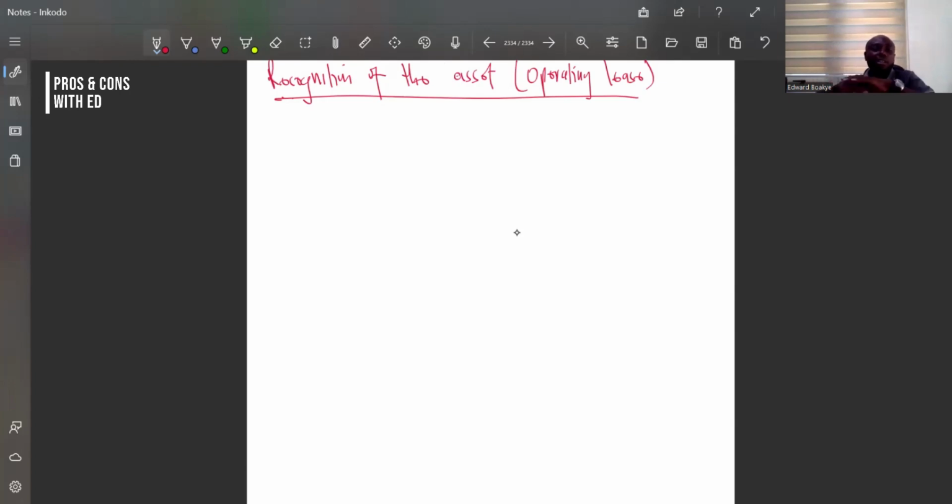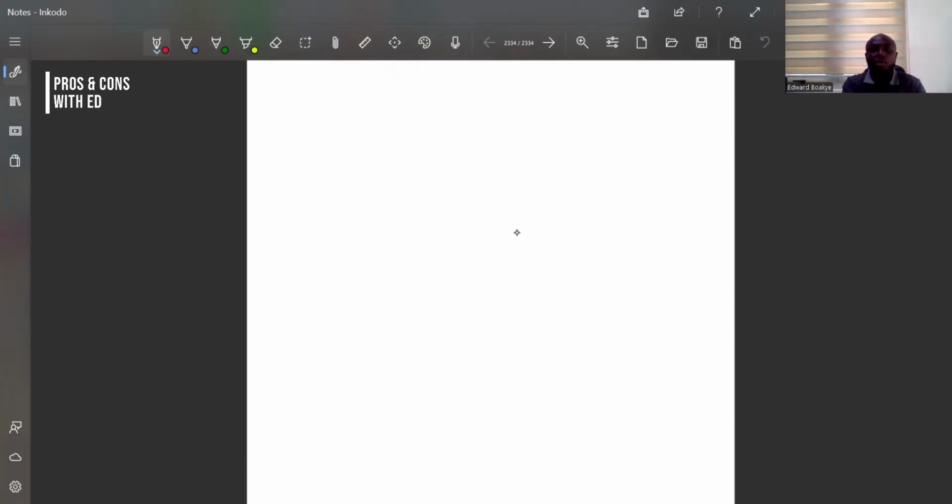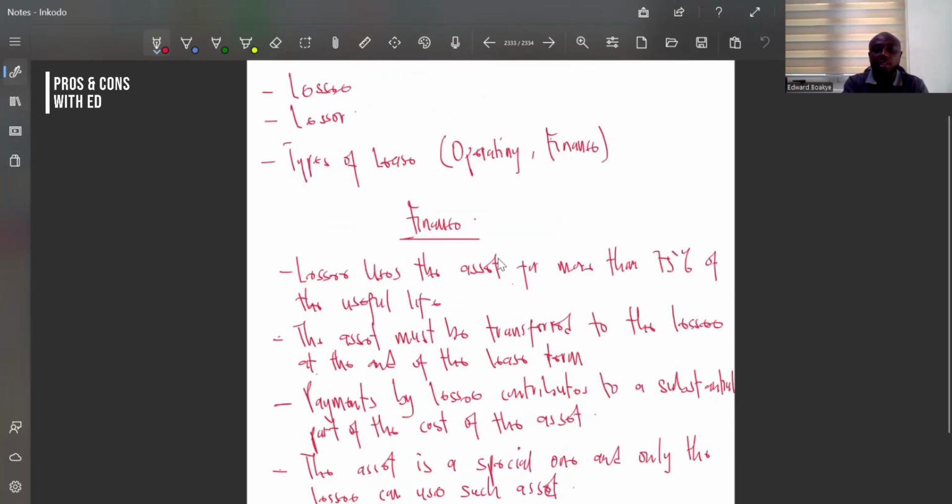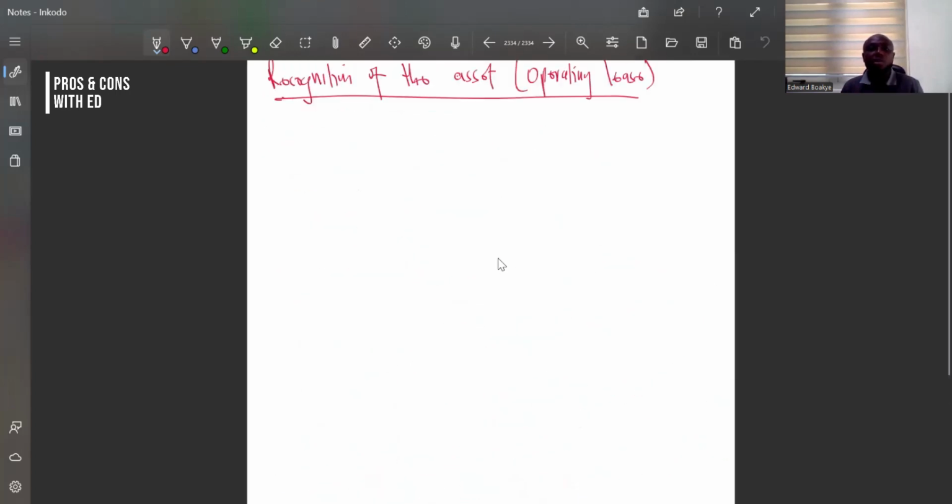Because at the end of the day, it does not meet all the conditions that we wrote here under the finance lease. So the lessee does not have any control over the asset. So here, everything lies on what? The lessor. So the lessor will recognize what? The asset in their financial statement, right?